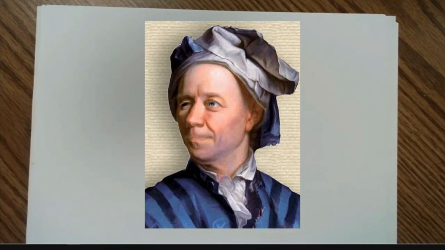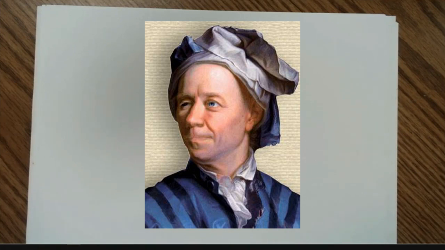Euler was born back in the 1700s. He was born in 1707, and he contributed a lot. He was the one that figured out we can use i as an imaginary number. Using the symbol pi, that was Euler's idea.